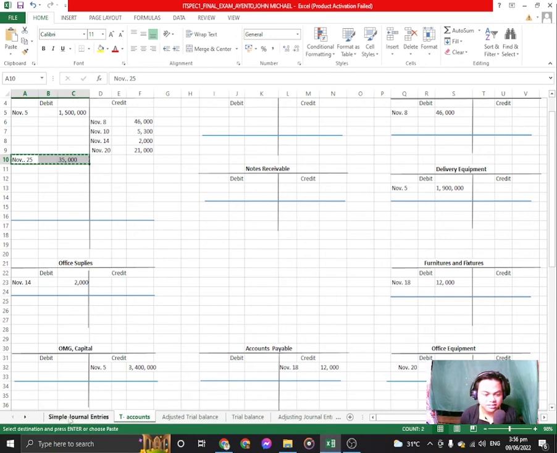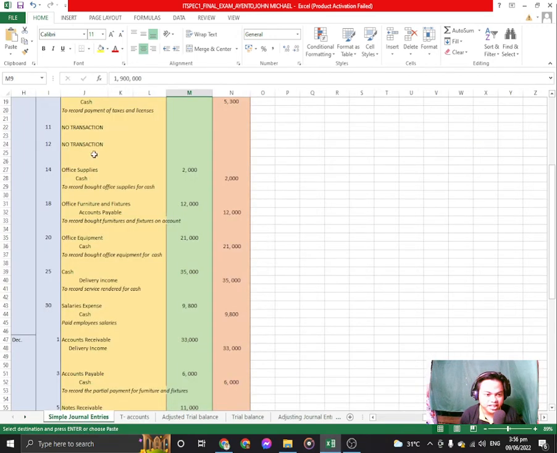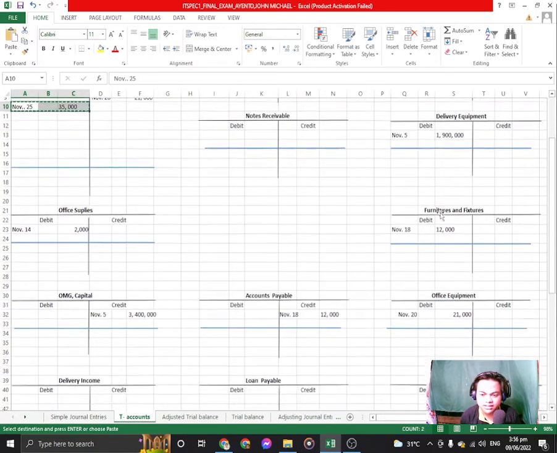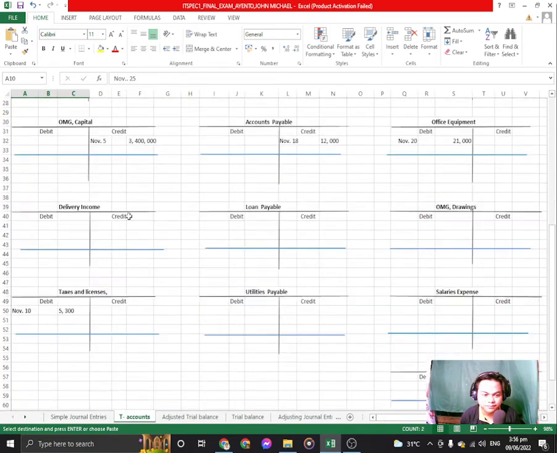And then delivery income. Here is delivery income. Paste it here for credit. Okay, we have the 35,000 pesos.